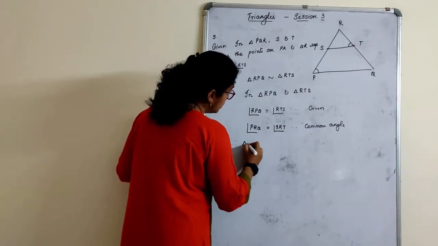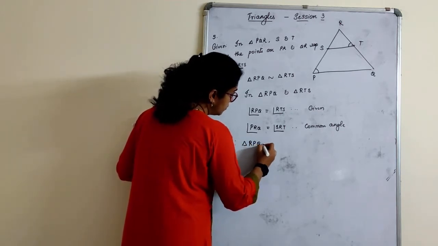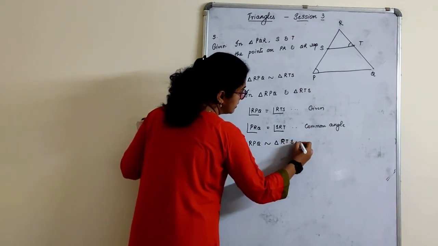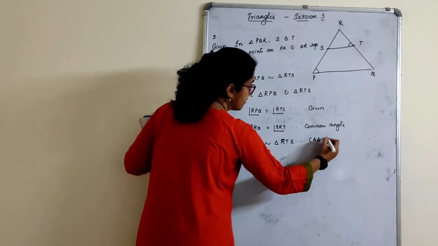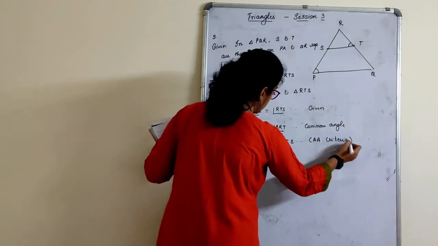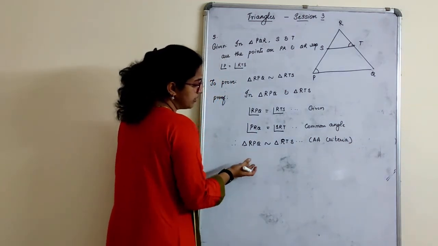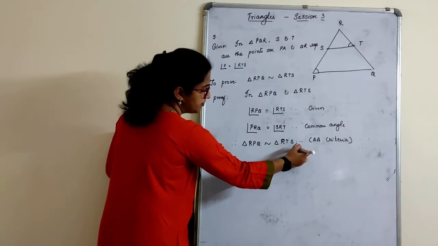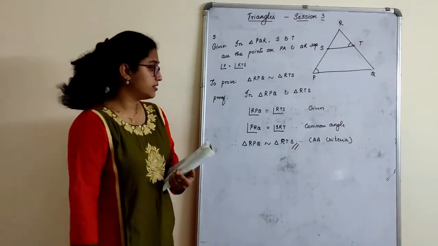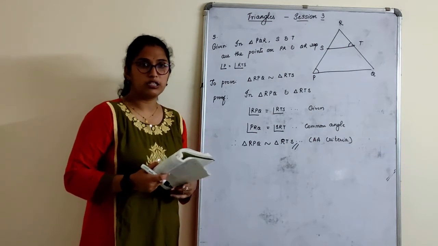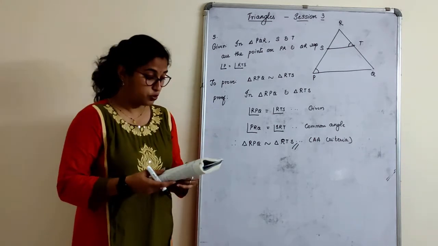Therefore, triangle RPQ is similar to triangle RTS by AA criteria. So AA criteria, that's all they had asked us, to prove the triangles are similar. That's all, done. No other sides to be done. This is how we prove it. Very simple. Yes, things are going to be simple once you understand the concept of proving it, by which criteria you want.